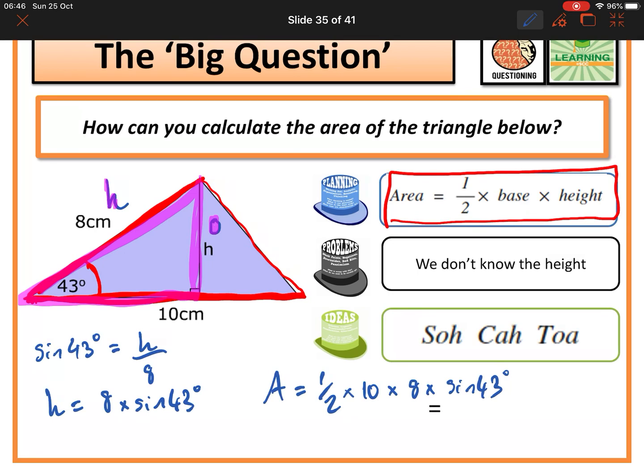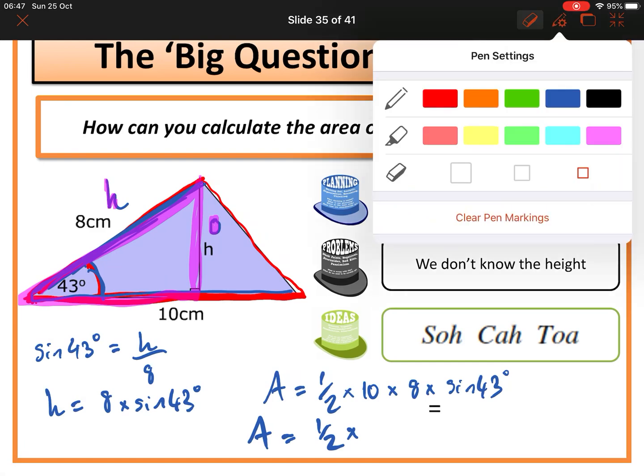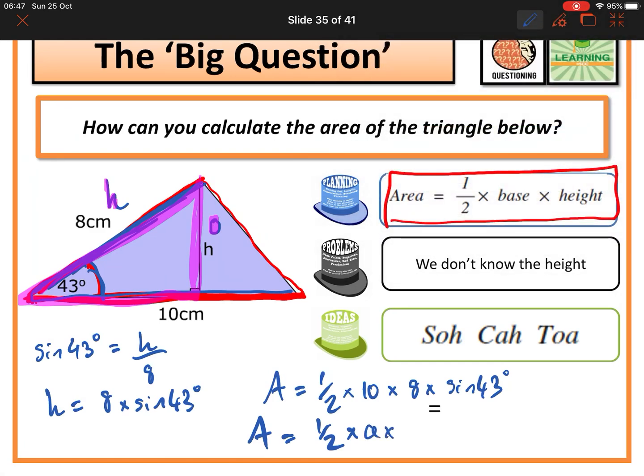Now if we change that into a formula, as long as we've got two sides and the included angle, then the area is equal to a half times a times b times sine C, where a and b are the two sides that you know.